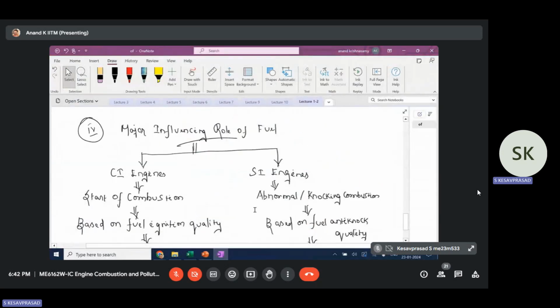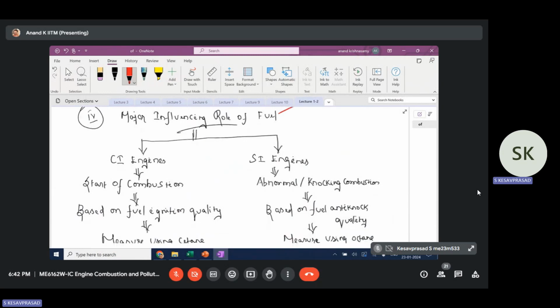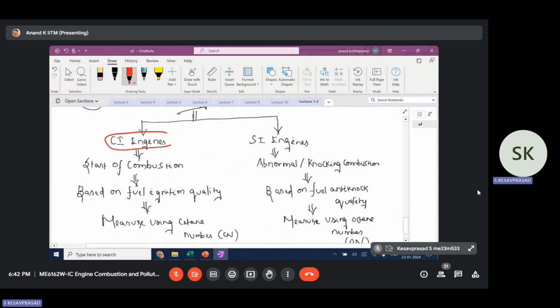So I'm summarizing here the major influencing role of fuel on CI and SI engine combustion. What we have discussed just now is CI engine combustion, which includes delay time as the first stage of combustion. So the fuel, through its characteristics, affects the start of combustion.